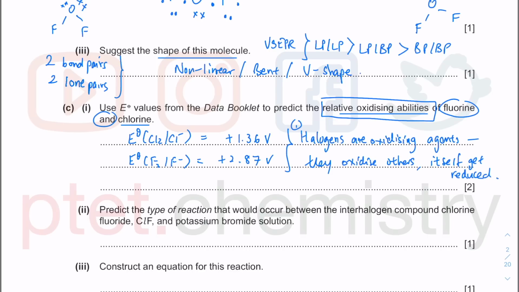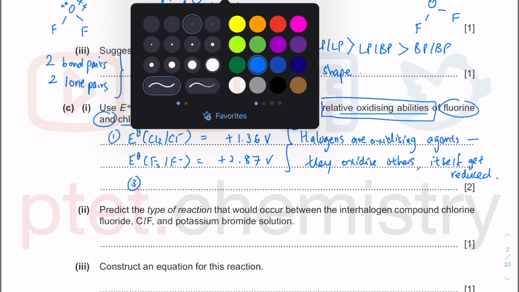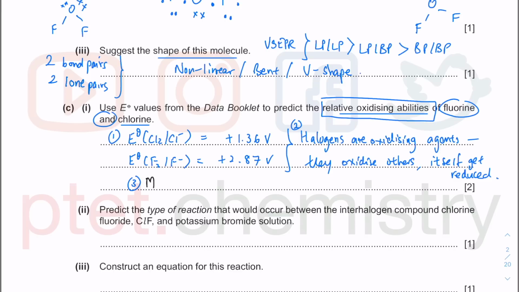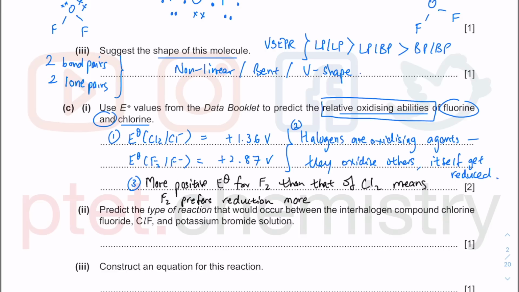Itself gets reduced. Well, actually, there's number 1 and there's number 2. Supposedly, number 3 follows from number 2. So itself gets reduced. So a more positive E naught for fluorine than the E naught of chlorine means fluorine prefers reduction more, as it favors the equilibrium more to the right-hand side.